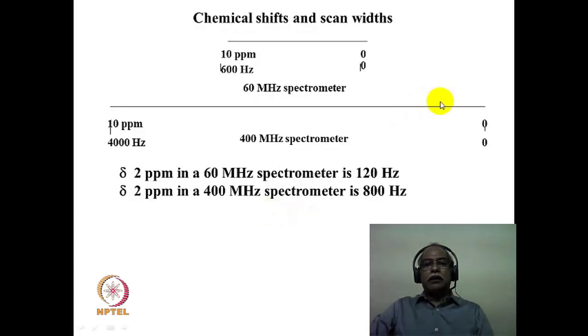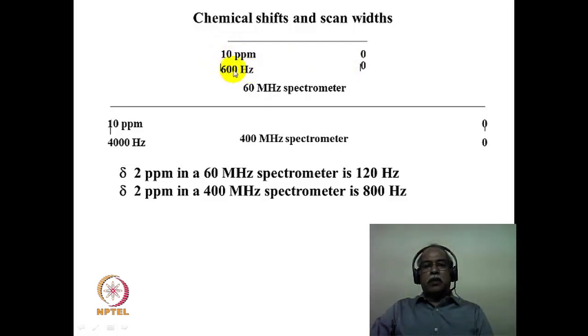Now let us talk about the scan widths in the NMR spectrum. Suppose, for example, you have a 60 MHz NMR spectrometer and a 400 MHz NMR spectrometer. Normally, in the proton NMR spectrum, you scan from 0 ppm, which corresponds to the tetramethylsilane signal, to about 10 ppm. Now, for a 60 MHz NMR spectrometer, the scan width of this 10 ppm would be 0 to 600 Hz.